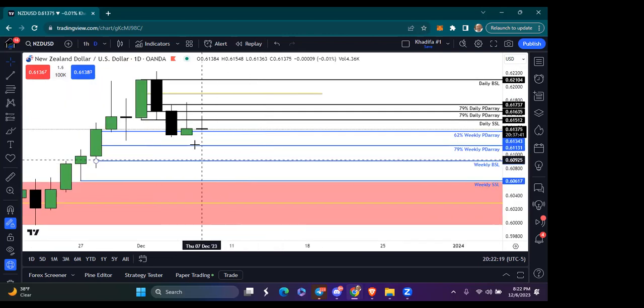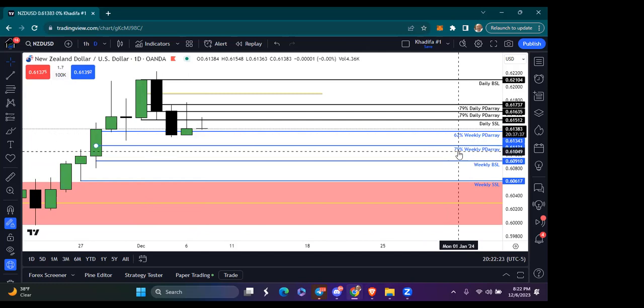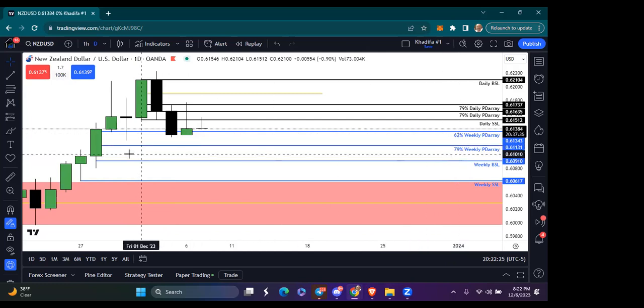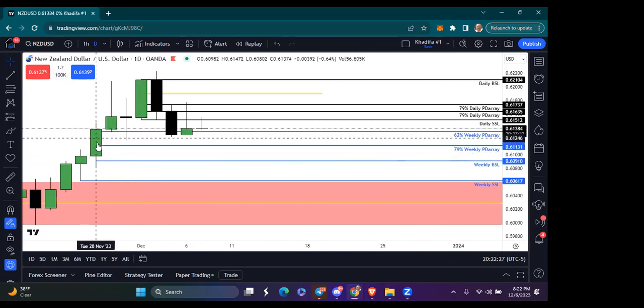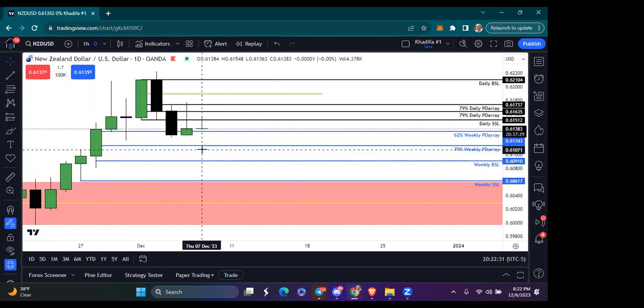Cool. So yeah, I expect price to pull on down into the 79%. And it's right inside of this daily fair value gap, which is beautiful. If price is going to find support here, you should start to see a smart money reversal off of this level. You know what that smart money reversal is.